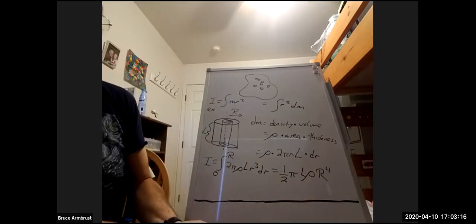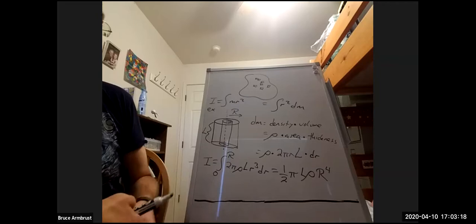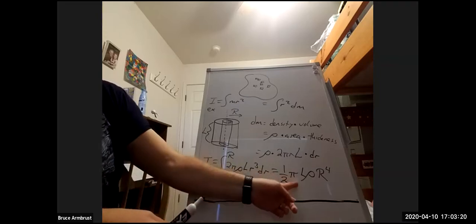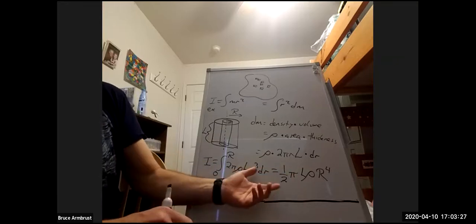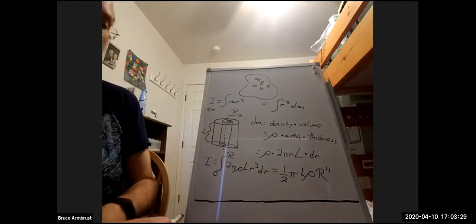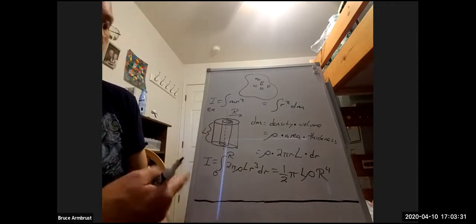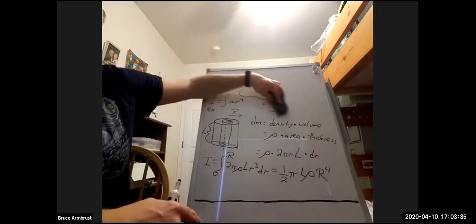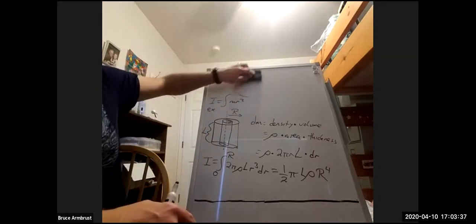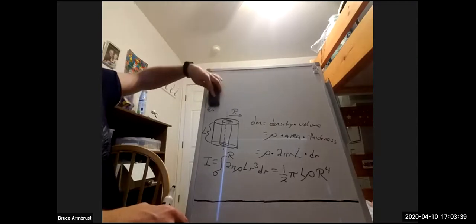If you look in the physics book, they've got a table of moments of inertia, but it doesn't look like this formula, because what we like to do is actually get it in terms of the mass of the object. So here's what we're going to do. Let's look at the same object, but let's figure out what its mass is, and then replace that into this formula.